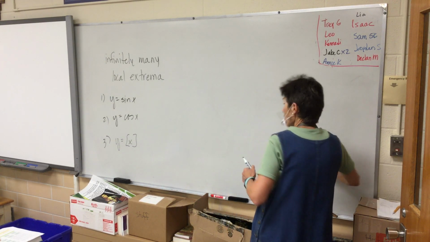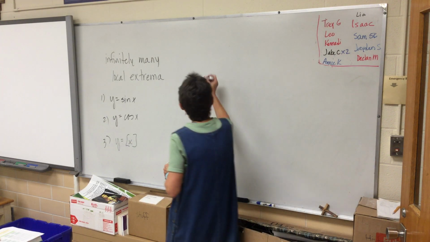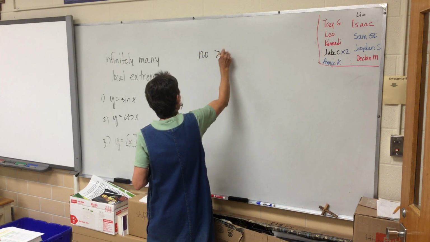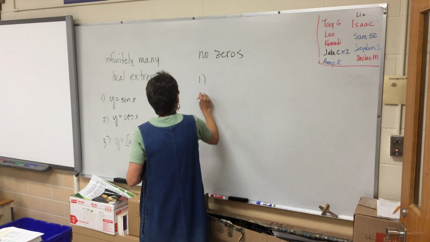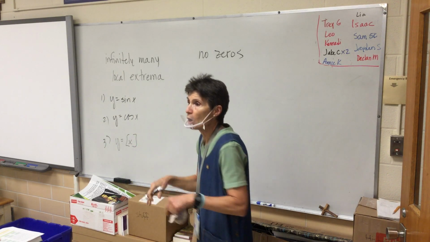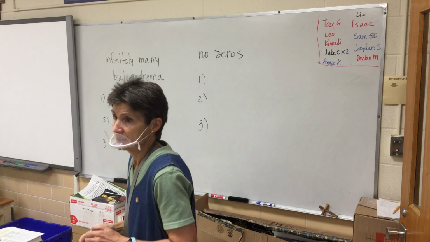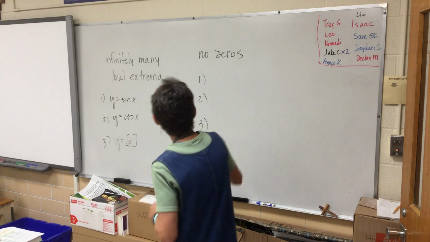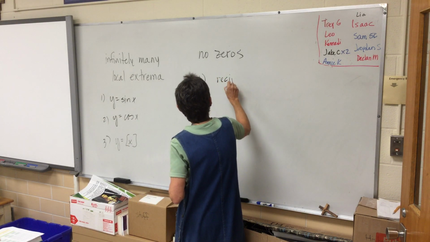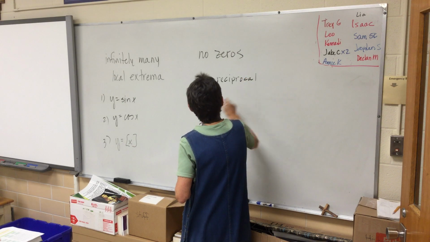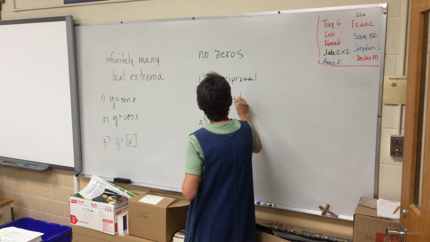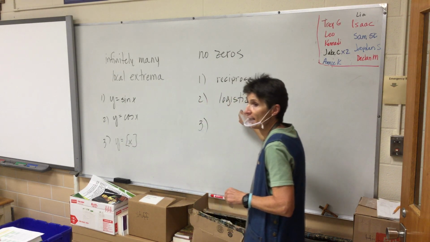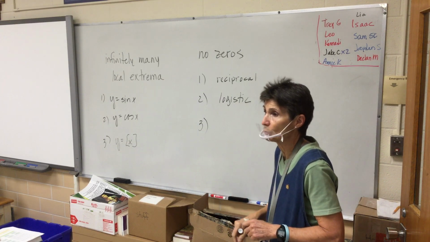Cross the x-axis. So there are three functions, apparently, that never cross the x-axis. Reciprocal is one, absolutely. What else? Logistic, absolutely. And remember, we are not abbreviating that one ever. Logistic, you have to write the word.